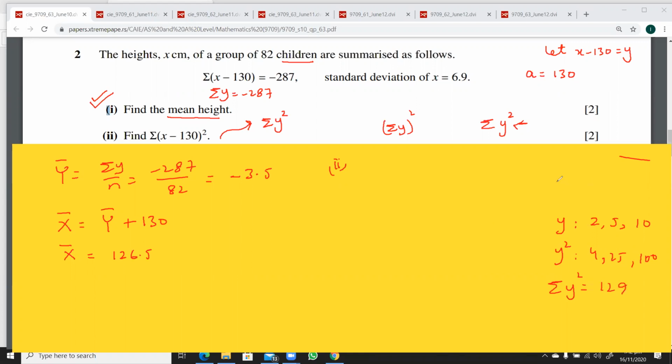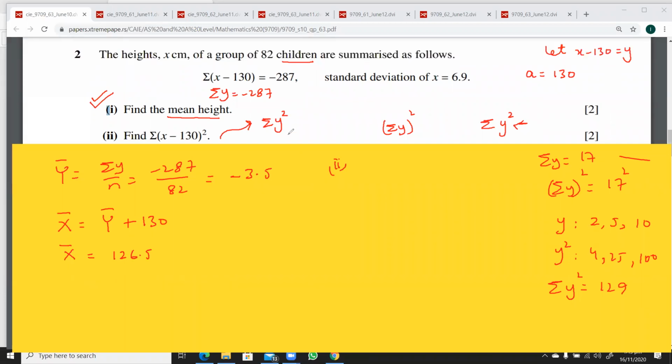But if you have to find sigma y whole squared, that would be 17 squared, because first of all you find what sigma y is, that is 17, and then sigma y whole squared will be 17 squared. So when we say sigma y squared, that means we have squared all the values of y, and then added them together. I hope I have made it clear to you.